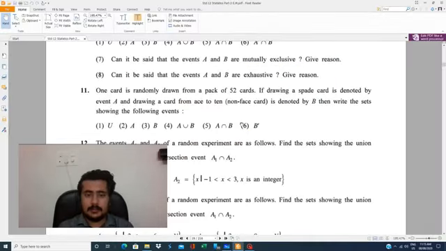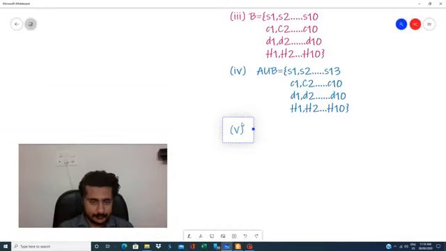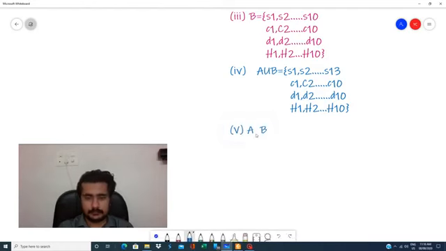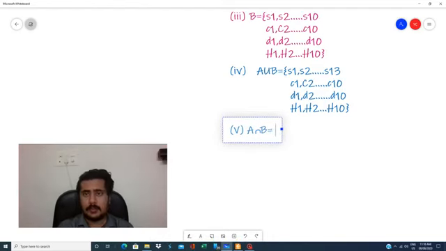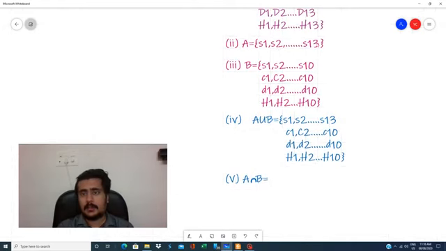Then fifth is the intersection. Now what is intersection? Intersection is the common element between A and B. You can see what is common. S1 to S13 and S1 to S10.